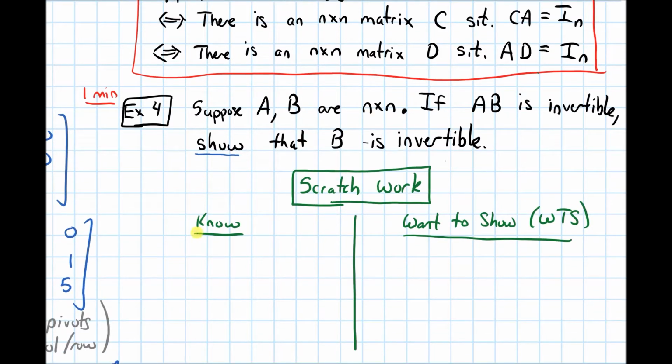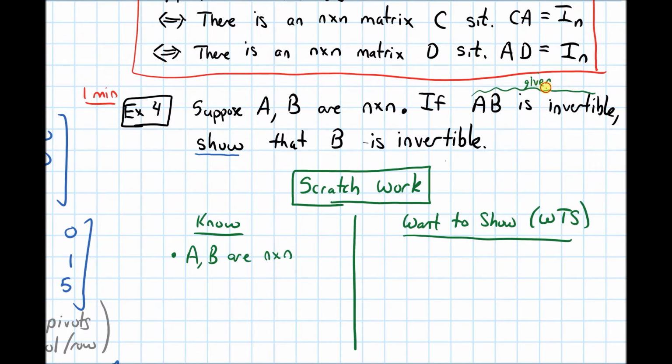Okay, so what is it that I know? Well, one thing that I know is that A and B are n by n. I'm given that A and B are n by n. And then anytime I have an if-then statement, like in this case, if AB is invertible, then I want to show that B is invertible, what is after the word if, so in this case A times B is invertible, is also something that I'm given.